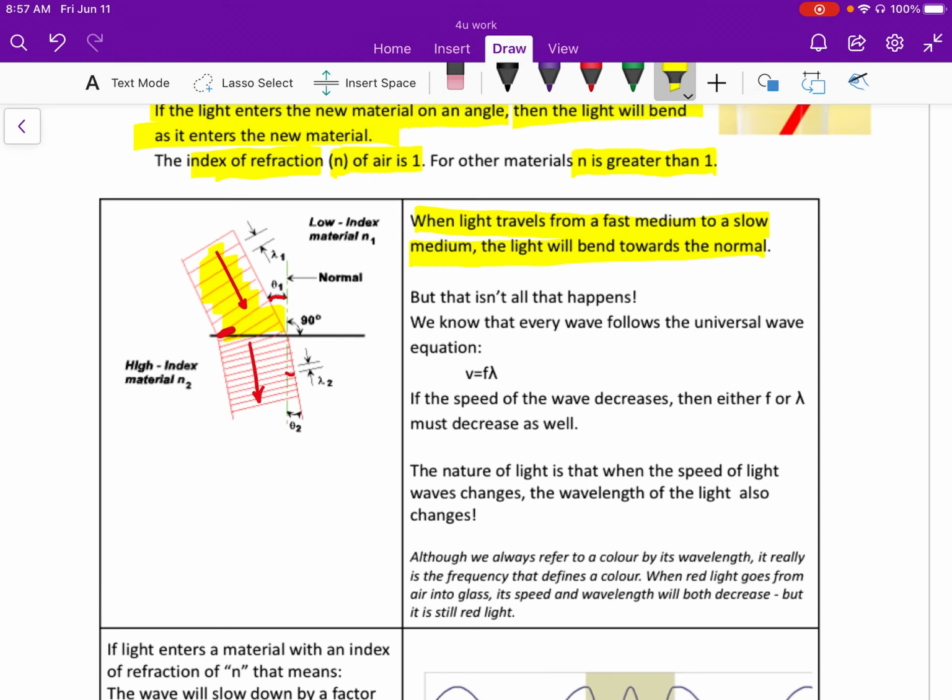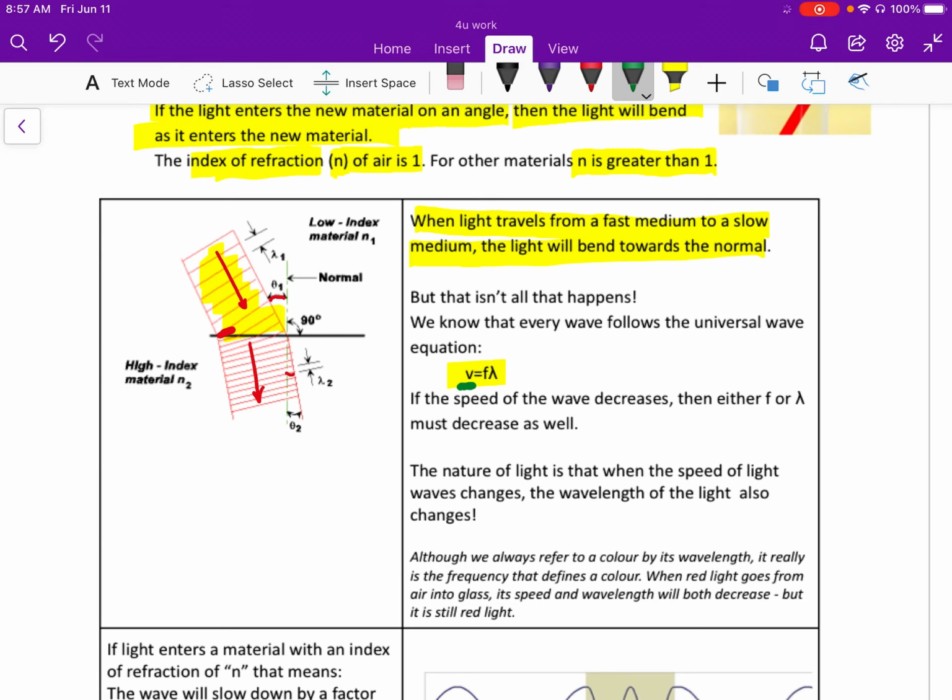What I need for grade 12 physics is we need to push it a little bit more. Yes, the light is going to bend and change direction, but also we know that every wave follows the universal wave equation, v equals f lambda. In grade 11, since we were never changing mediums, we always talked about how the speed of the wave was constant. Now we're changing it.